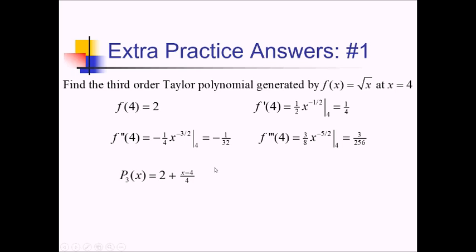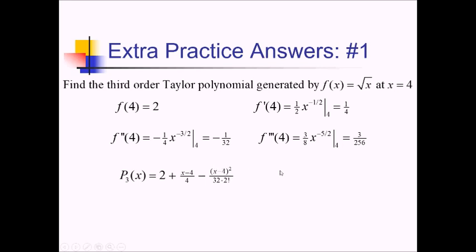Next, we're going to have f double prime of 4 over 2 factorial times x minus 4 squared. So we're going to have an x minus 4 squared in the numerator. This whole thing is going to be negative. We're going to have a 2 factorial down there. So 2 factorial, 32, x minus 4 squared, all negative.